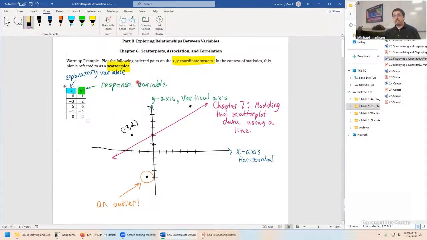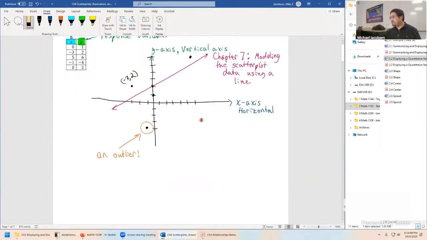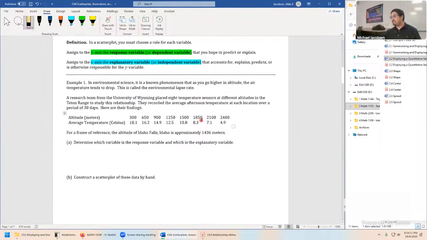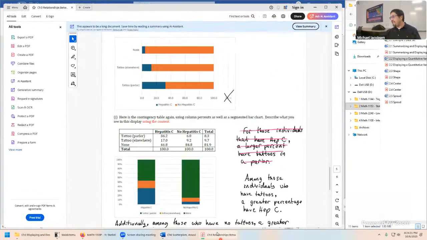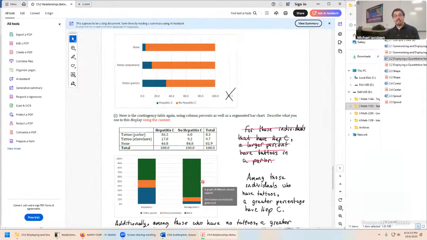So what we'll try to do next is practice this with some actual context, learn the terminology a little bit better, and that's going to be our first official example. So the scatter plot, like we're just looking into, its whole purpose is to show the relationship between two quantitative variables. Much like how these segmented bar charts show the relationships and associations between two categorical variables.